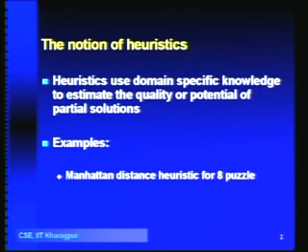One of the most common heuristics for the 8 puzzle is the Manhattan distance heuristic. You remember the 8 puzzle, where you have the 8 tiles arranged in a 3 by 3 square, and we have to slide the tiles to bring it to some configuration.